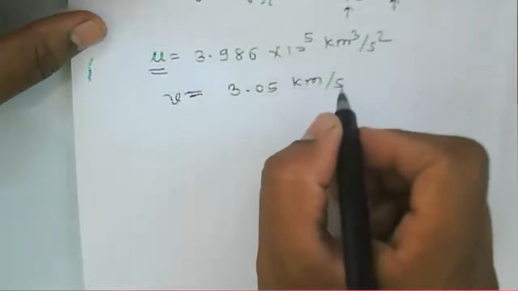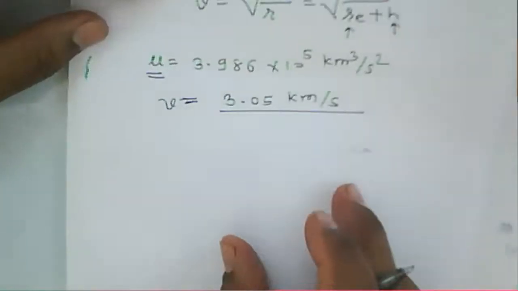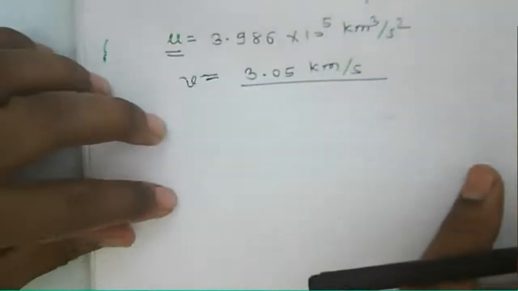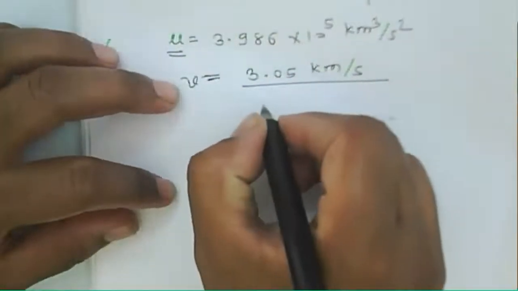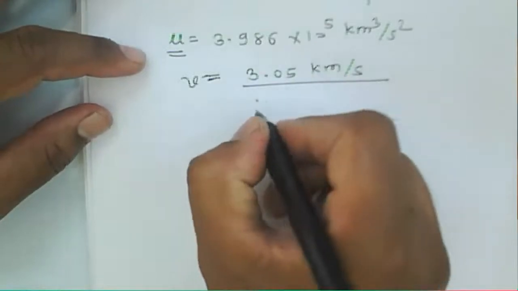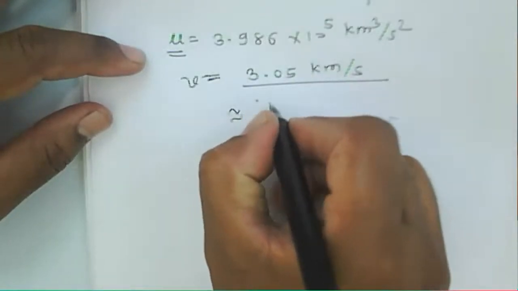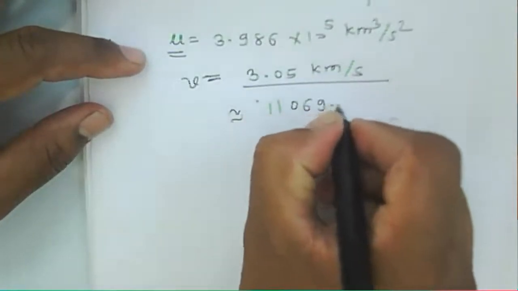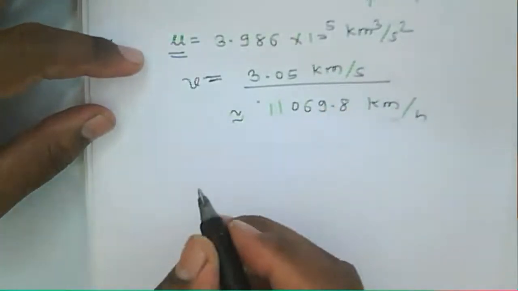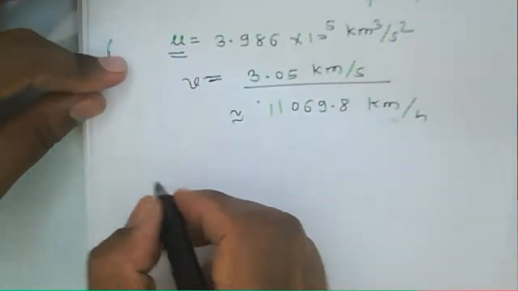Right now this velocity is in terms of seconds, so you can calculate even in terms of kilometer per hour. That is approximately 11069.8 kilometer per hour. That is the velocity.